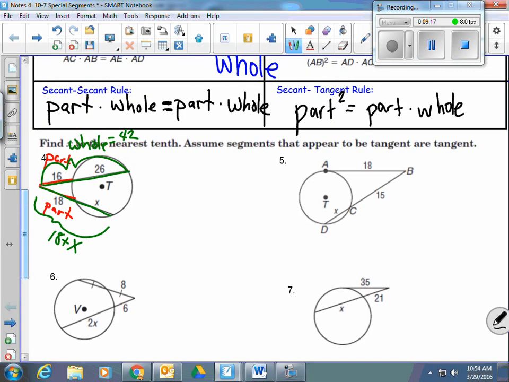So what's my part again on the top? 16. What's my whole? 42. How did we get 42 again? We added 16 and 26. Okay, what's the part on the bottom? 18. What's the whole on the bottom? 18 plus x. Okay, so we multiply the part times the whole. Oh, wait a minute. If I'm looking at this equation, what am I going to have to do?